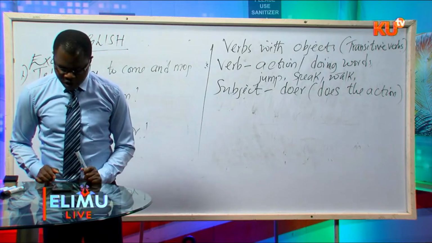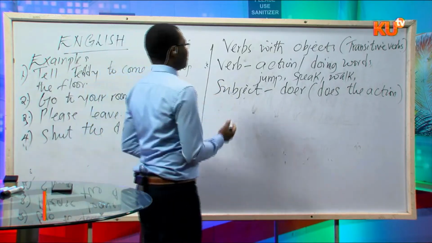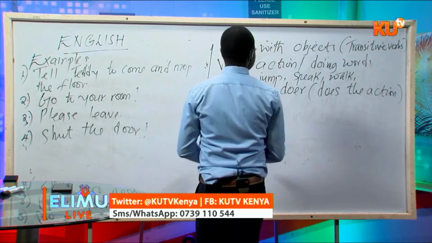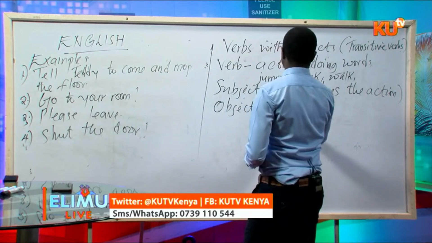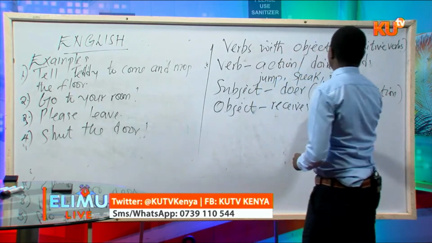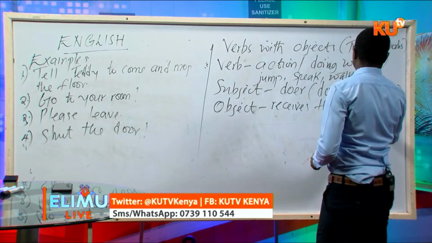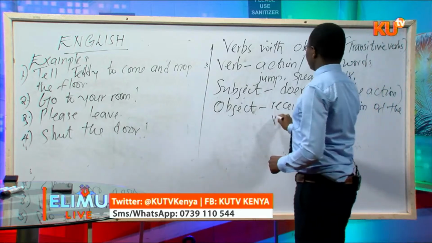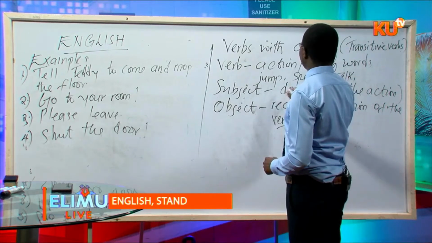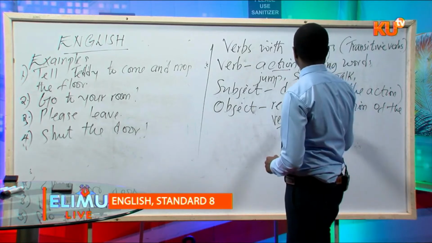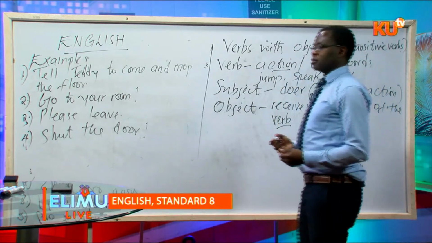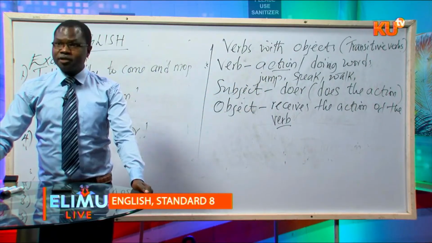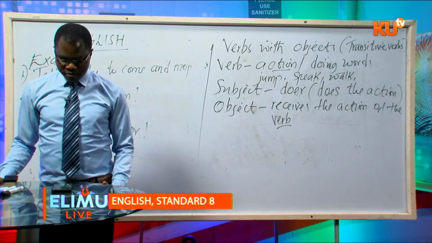Then we have what we call an object, because we are looking at verbs with objects. The object in a sentence receives the action of the verb. Remember that action, we said action or doing words. We are looking at verbs with objects or transitive verbs.